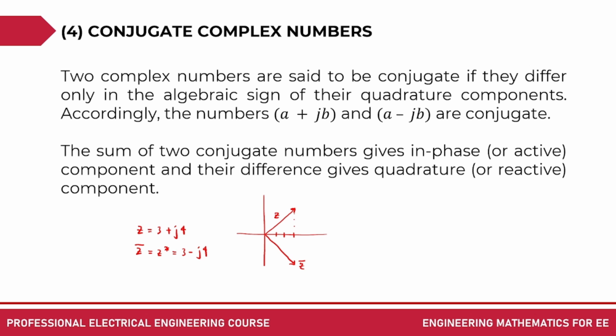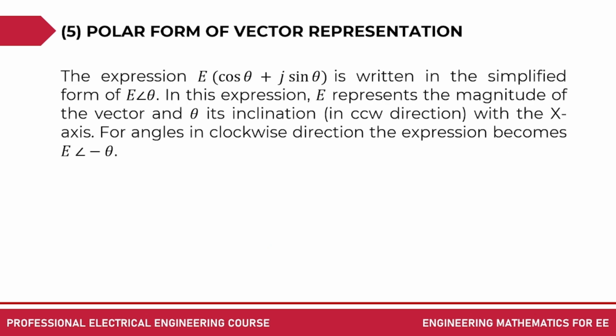Next. The polar form. The expression E cosine theta plus J sine theta is written in the simplified form of E angle theta. How is that being observed in the complex number?